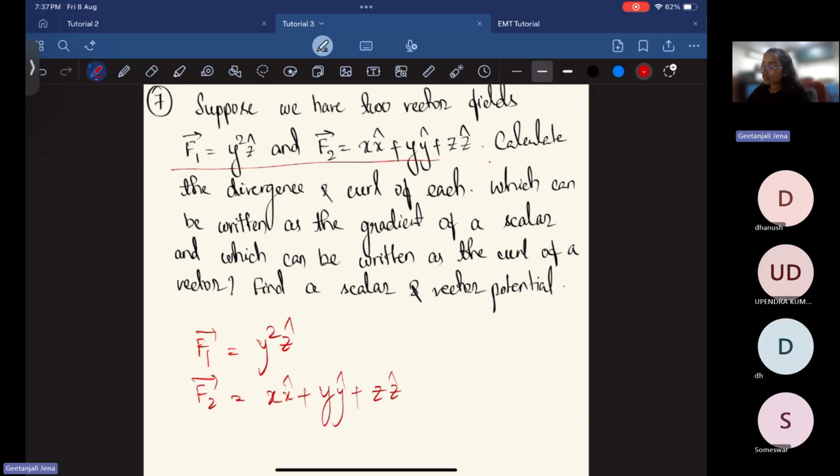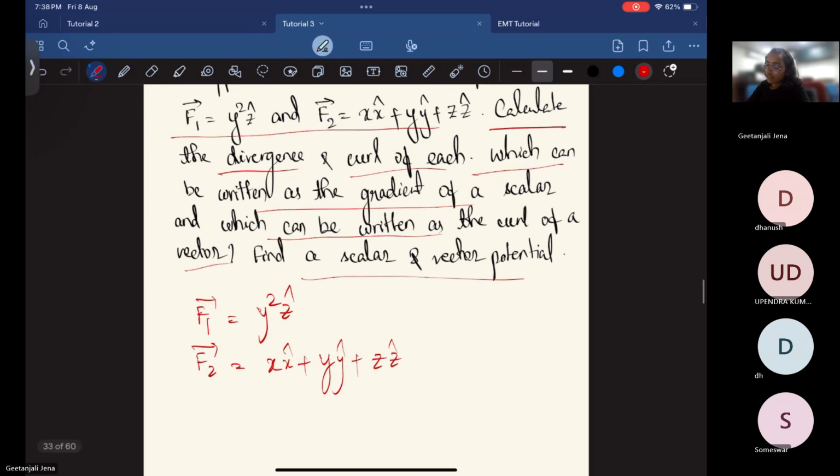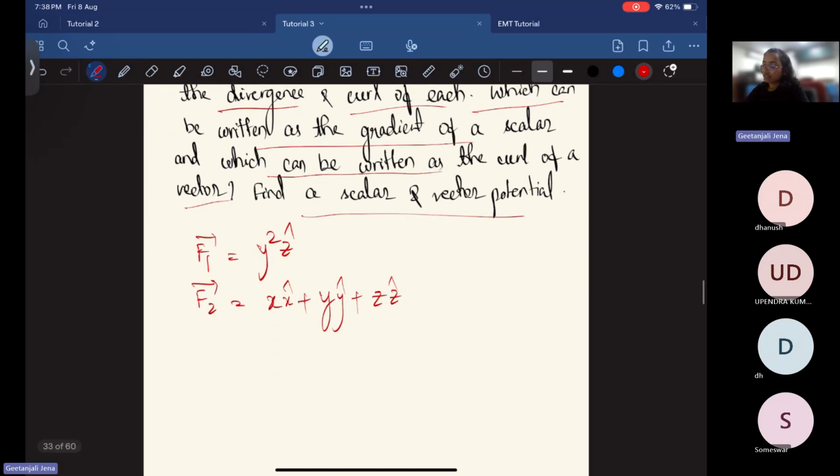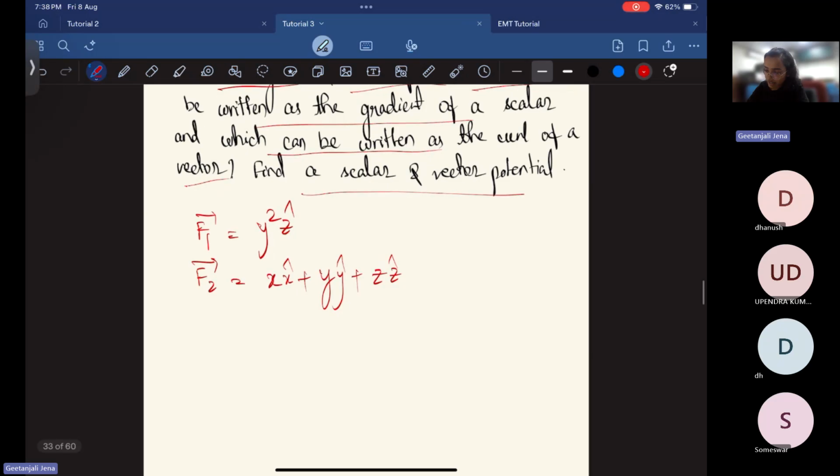So it is asking you to find out what will be the divergence and curl of each vector field, and which one of the following can be written as a gradient of a scalar and which can be written as a curl of a vector. Find the scalar and vector potential. Finding the divergence and the curl is easy, right? It's Cartesian coordinates.